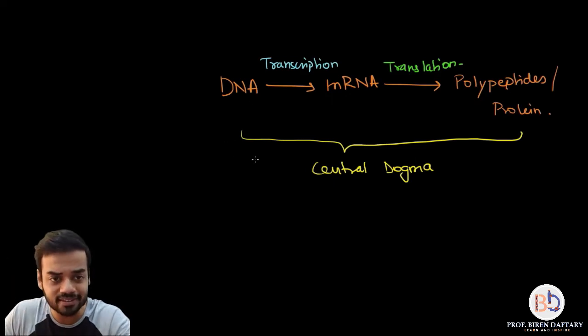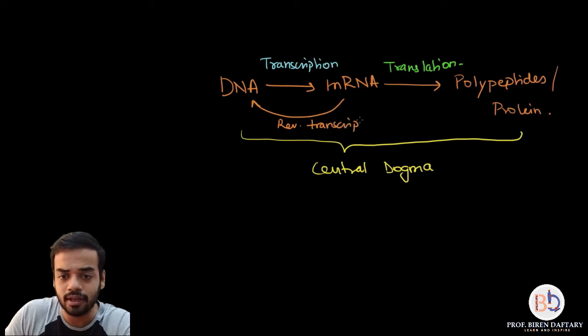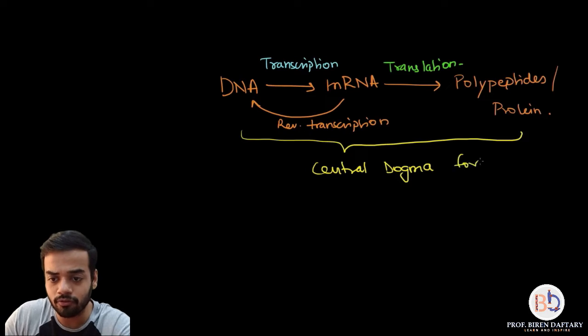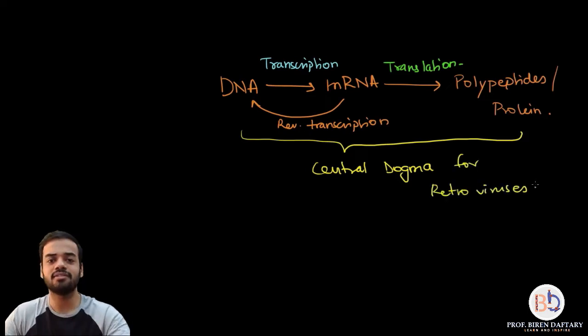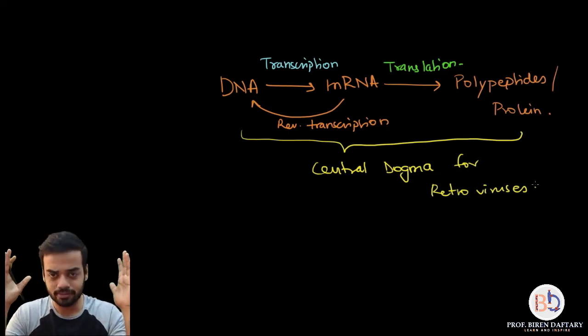So in that central dogma, one additional thing that you need to add is that this RNA gets converted into DNA through reverse transcription. And this equation is also called the central dogma for retroviruses. Is this clear? So is the central dogma clear?